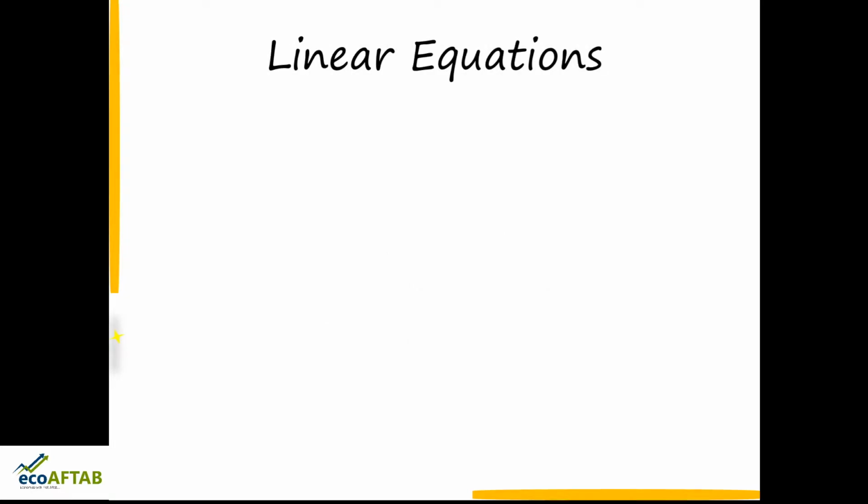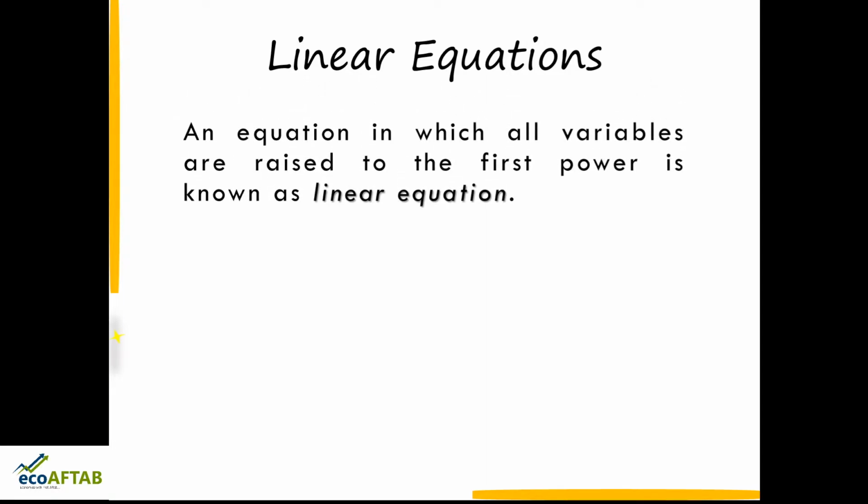When you speak about equations, there are basically two types of equations. There are many types, but today in our class we will be understanding two types. One is linear equations and the other is quadratic equations. So what do you mean by linear equations? An equation in which all variables are raised to the first power is known as a linear equation.